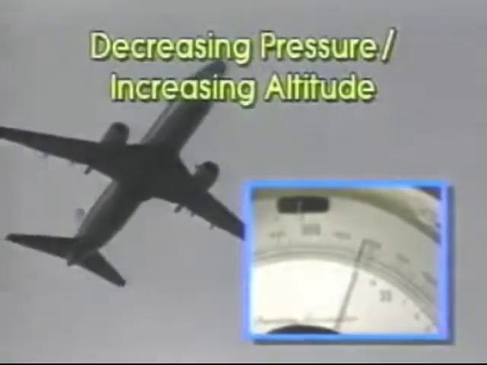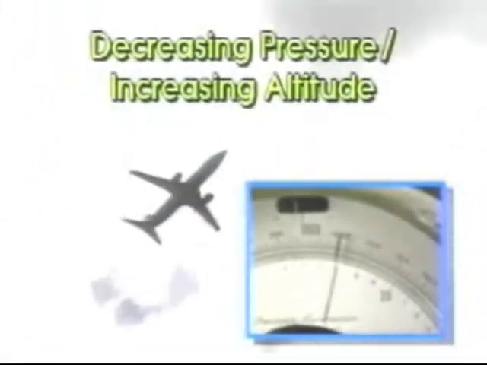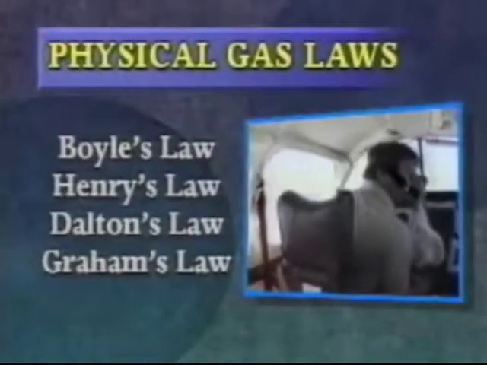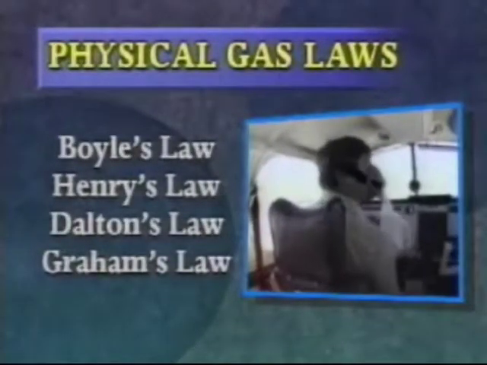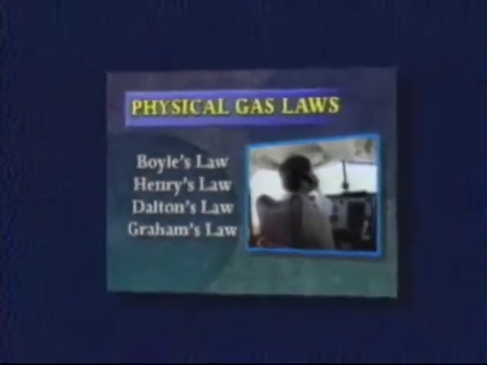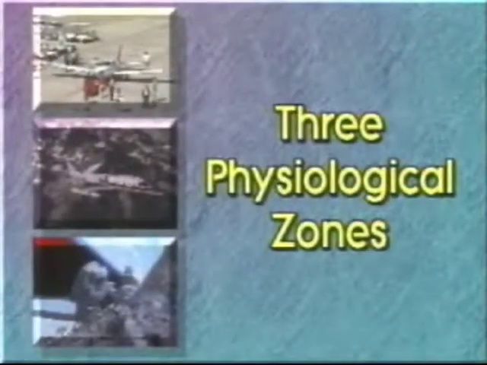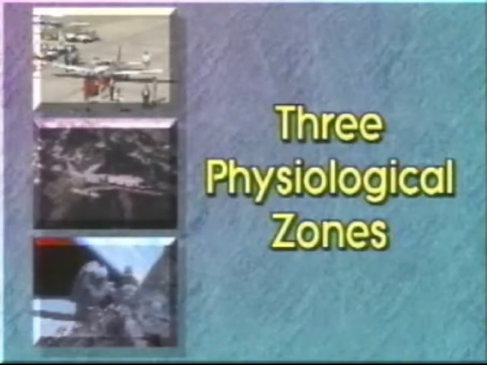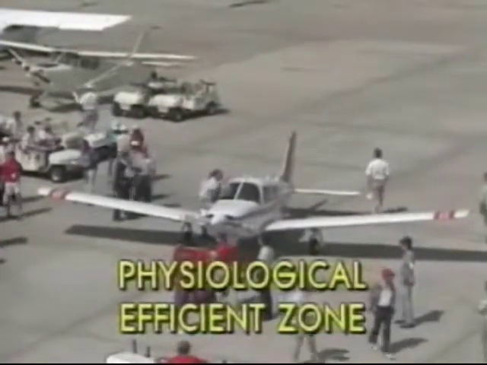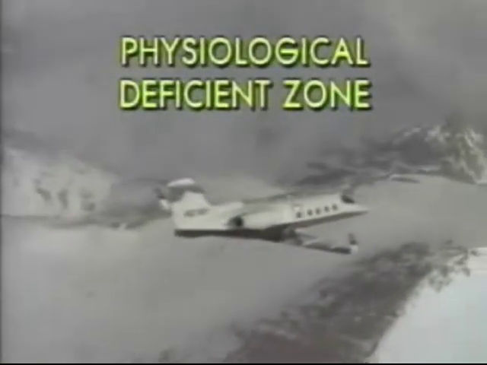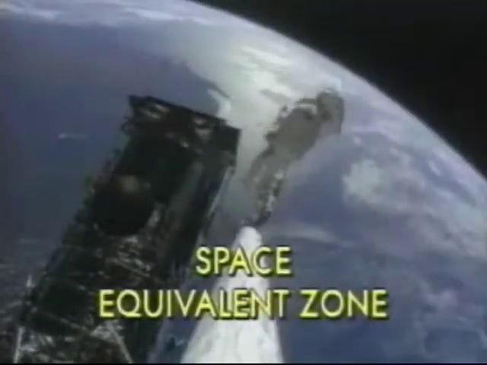The atmosphere has decreasing pressure with increasing altitude. All gases act in accordance with the physical gas laws. There are three distinct physiological zones: physiological efficient zone, physiological deficient zone, and space equivalent zone.